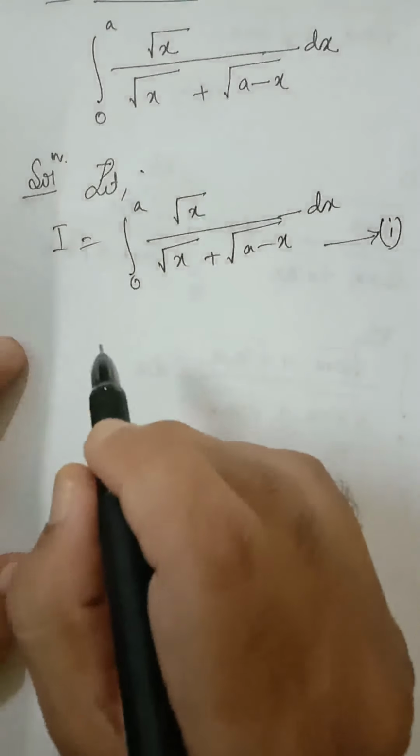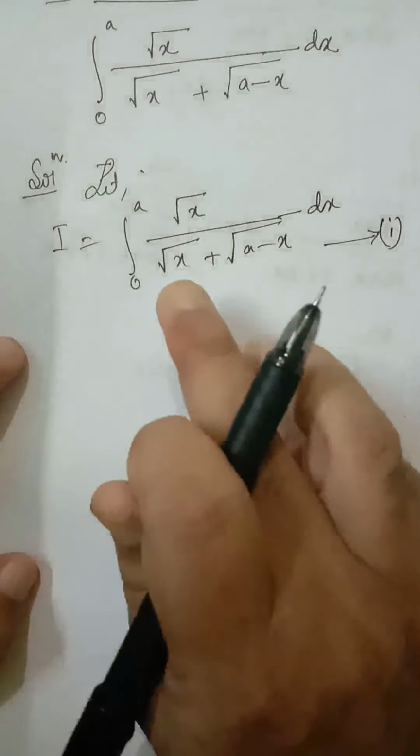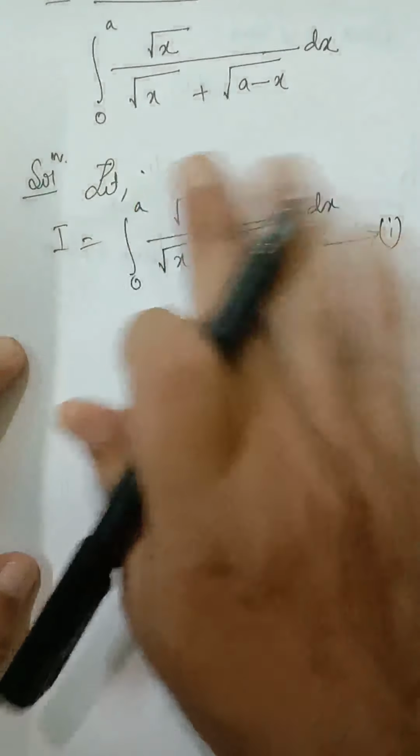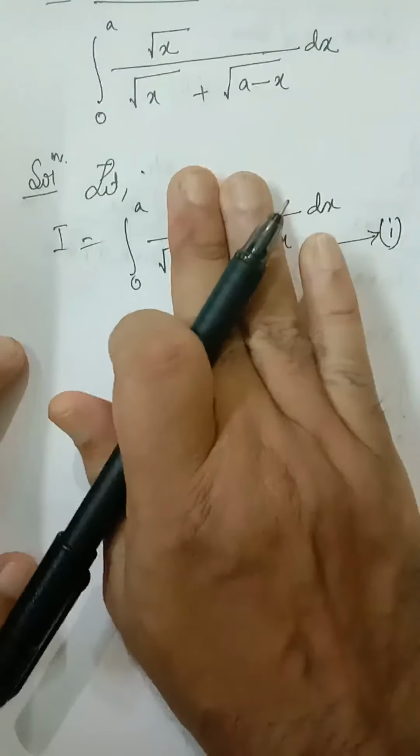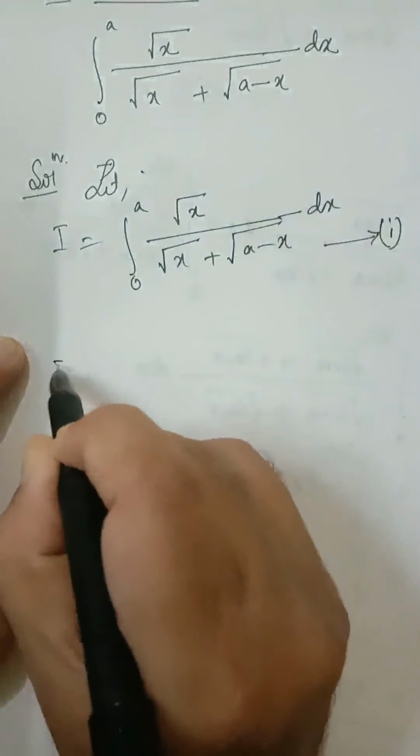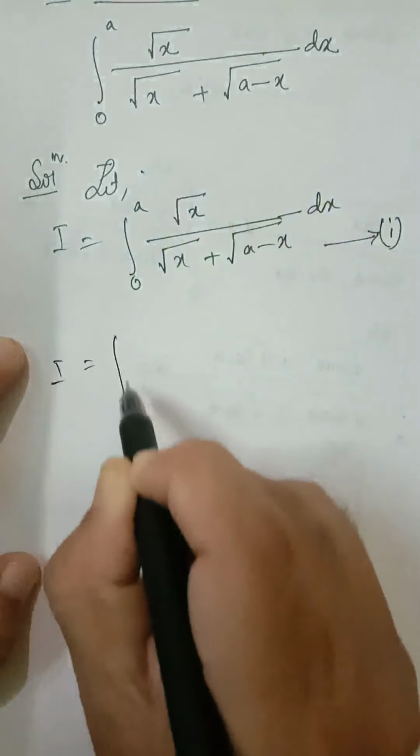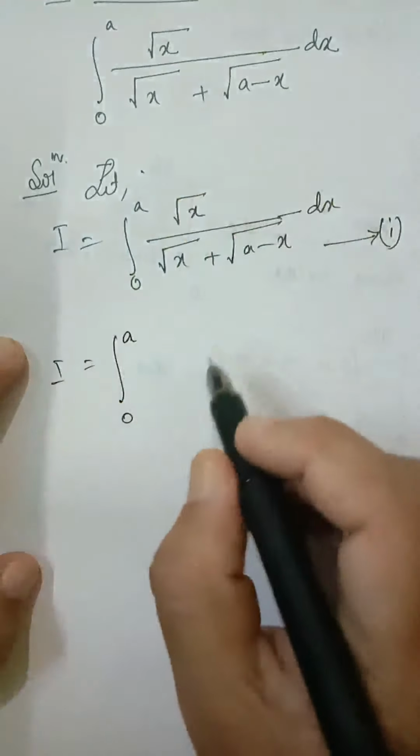Now we will use property 4. This is of the form 0 to a f(x) dx. Using property 4, we replace x by a minus x.